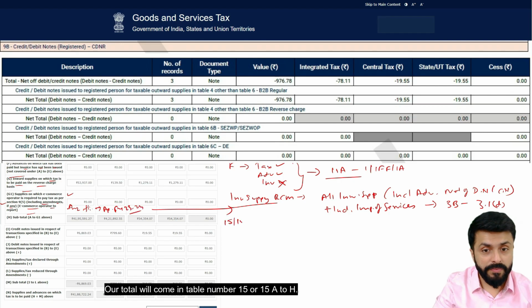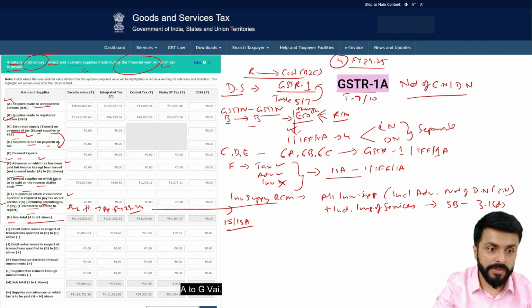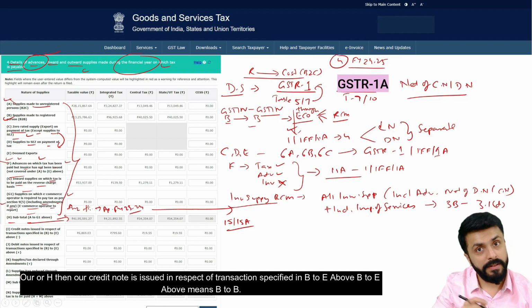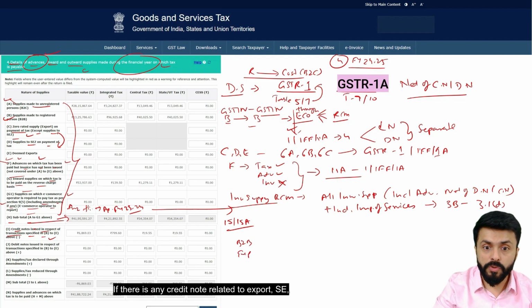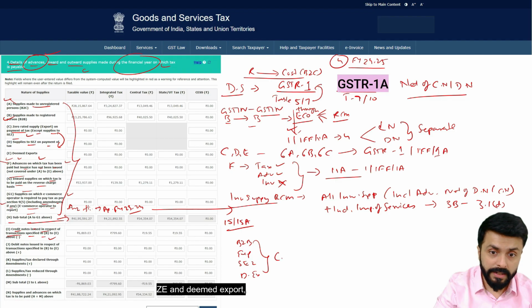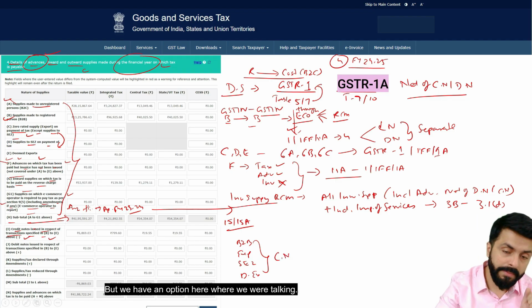Our total will come in table number 15, that is 15A to H, all the totals from A to G. Then our credit note is issued in respect of transactions specified in B to E above. B to E above means B2B. If there is any credit note related to export, SEZ and deemed export, then here we have to write their details, but we have an option here where we were talking.